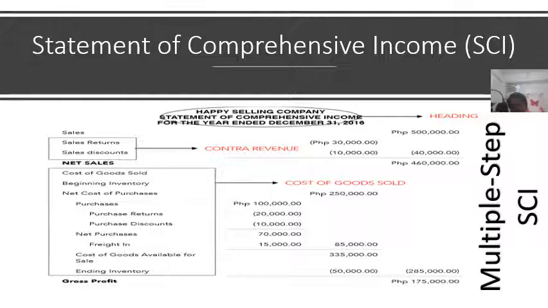So, ulitin natin, ano yung ibabawas sa purchases? Purchase returns, purchase allowance, purchase discount. So, ibawas mo yung 20 at saka 10 kasi yun lang ang meron, walang purchase allowance. Dun sa 100 na purchases equals 70,000.